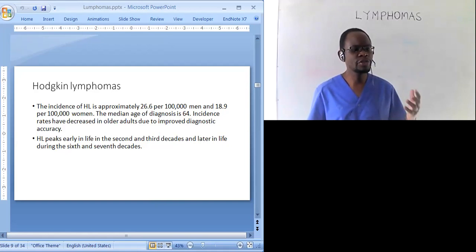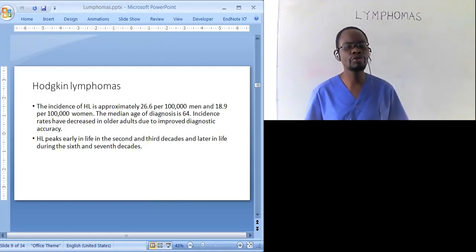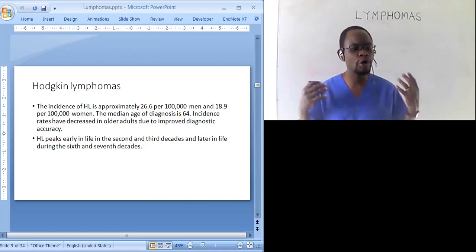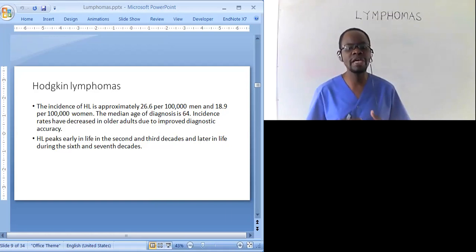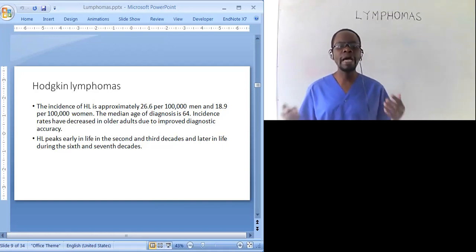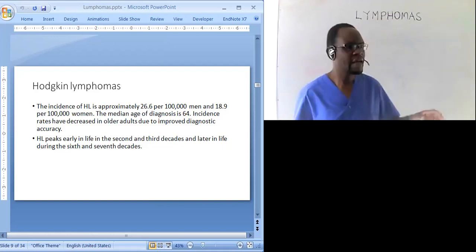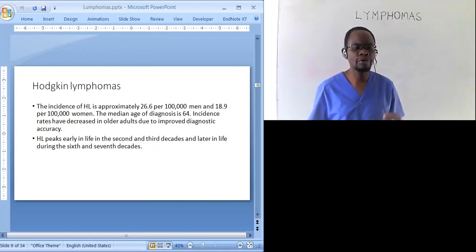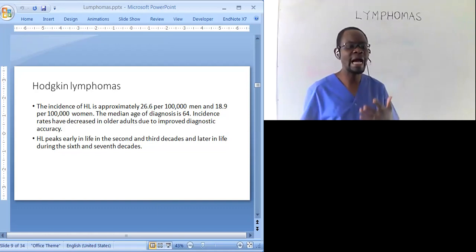The incidence rates have decreased in the older population due to improved diagnostic measures, whereby they pick these lymphomas earlier before they become trouble.